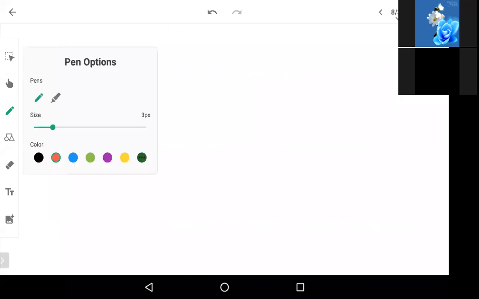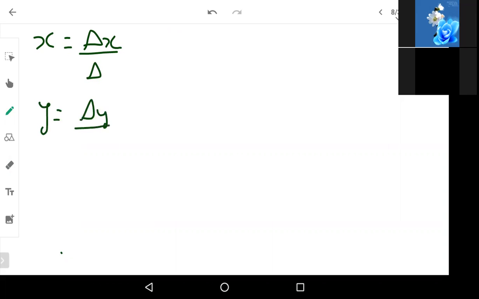Now finally we have to find out the value of x and y. Okay. So x is equal to delta x by delta, y is equal to delta y by delta. So delta x is minus 15, by delta is also minus 15.